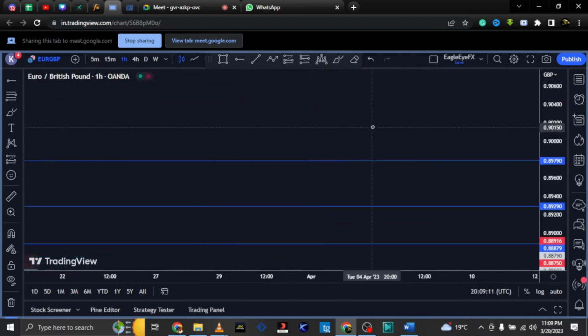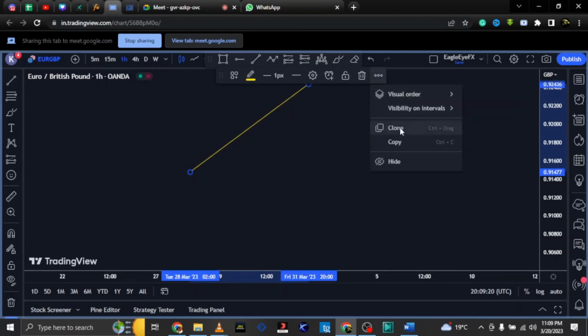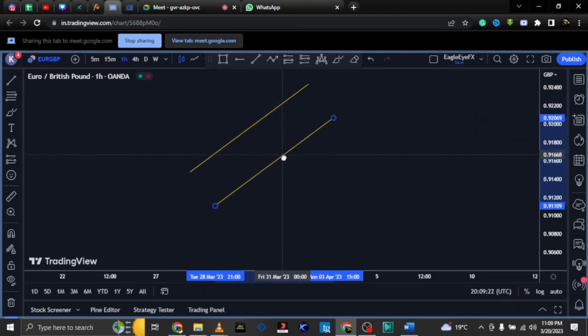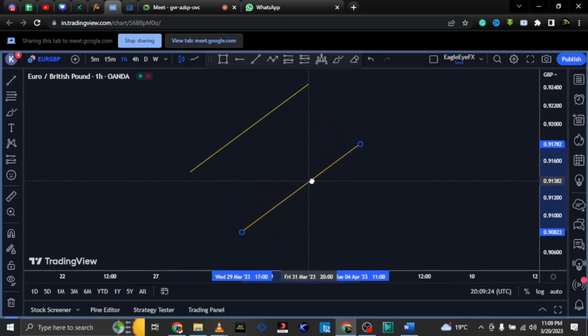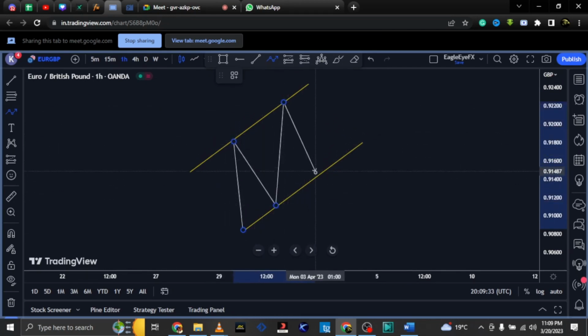Now, let me show you something, maybe as we close. This is where I normally look for entries, assuming this is the structure, and the opposite is true. This is something I've learned, and I want to show you.